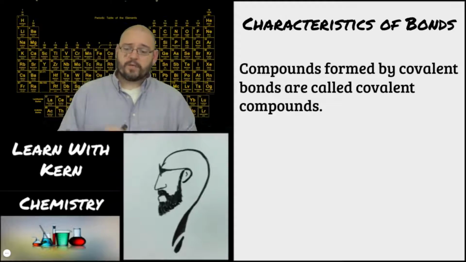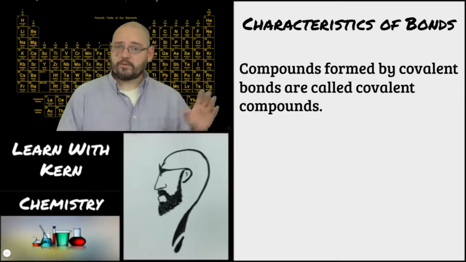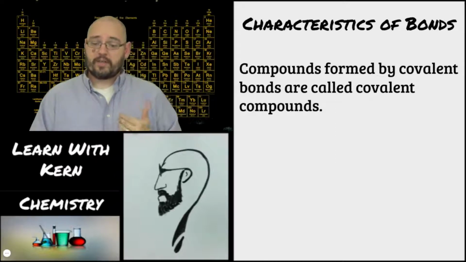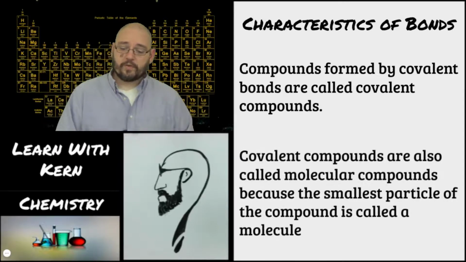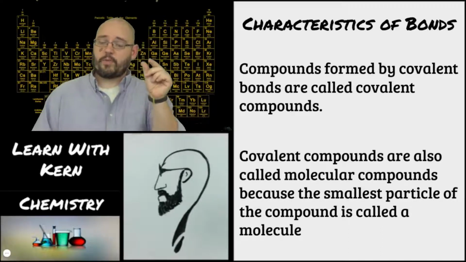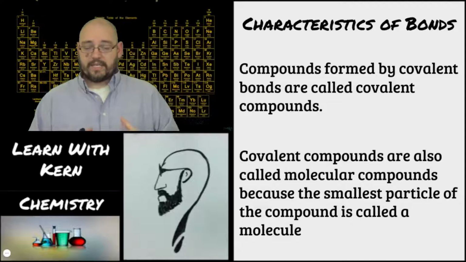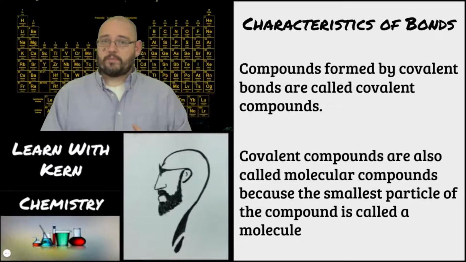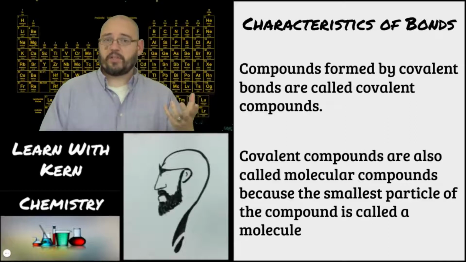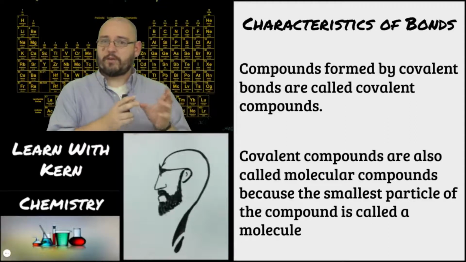So anyway, compounds formed by covalent bonds. So those are ionic bonds; compounds formed by covalent bonds are called covalent compounds. Covalent compounds are also sometimes called molecular compounds, because the smallest particle of a compound is a molecule. The smallest part of an ionic compound we call a formula unit, because it's just a repeating pattern of a ratio.